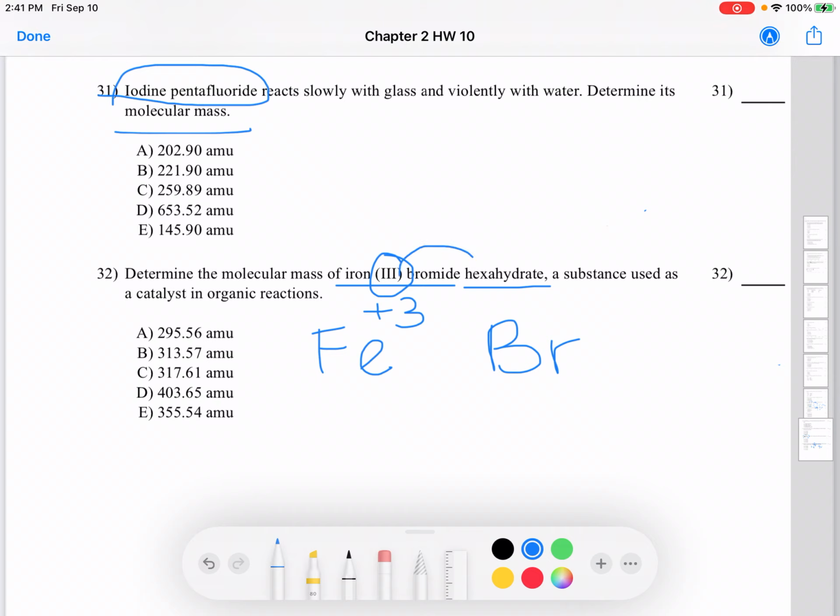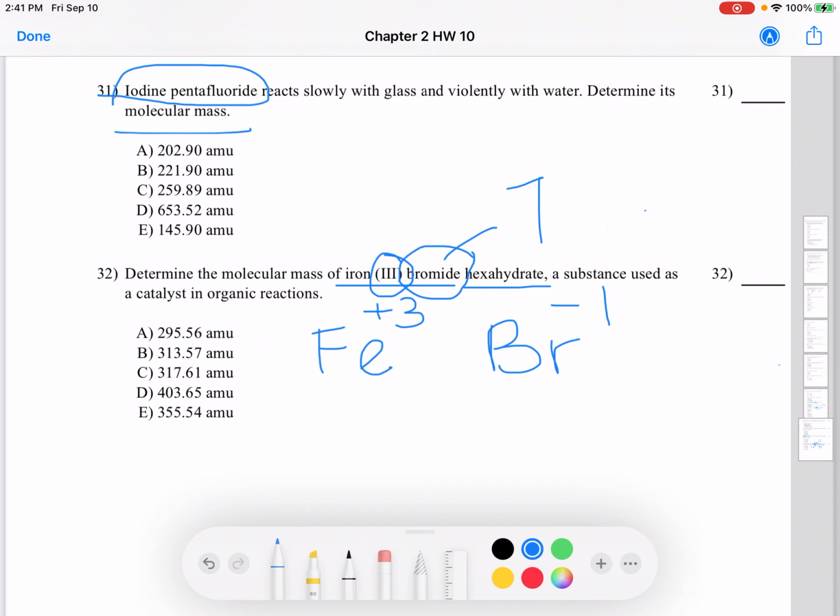And then the bromide, Br. Bromide is in group 7. Group 7 elements normally make a -1 charge by gaining an electron. So bromide will form a -1 charge. So we need to figure out what the formula would be.